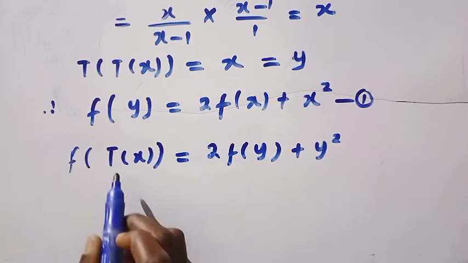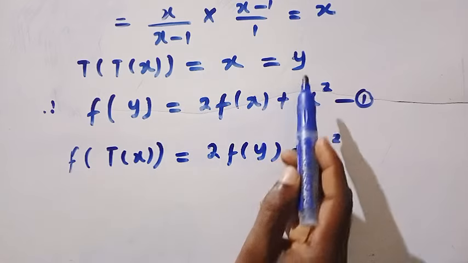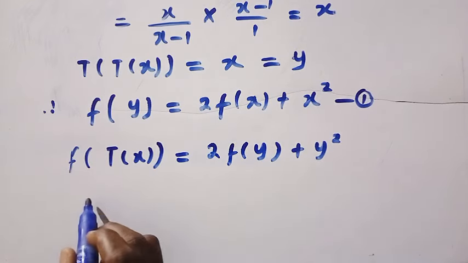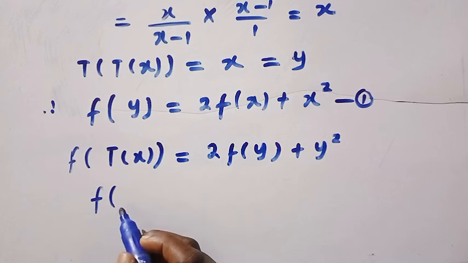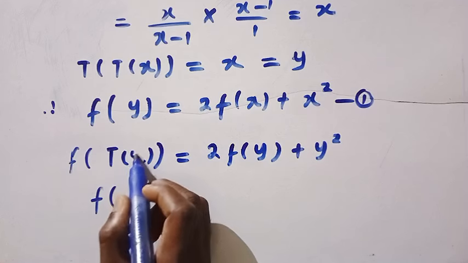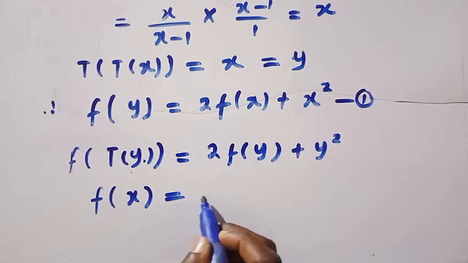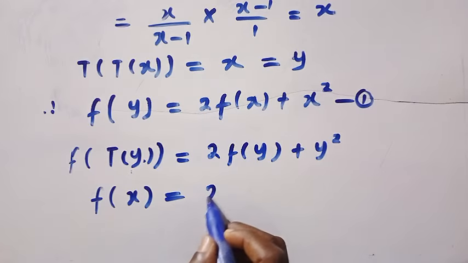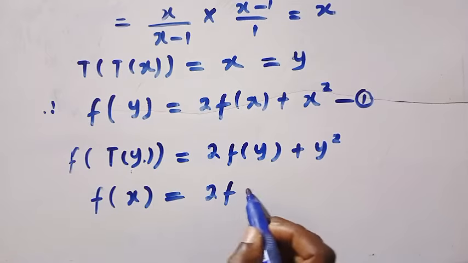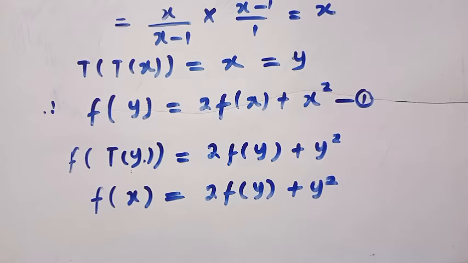And we know that t of x here is given as y. Then we are going to have this as t of y rather, so we have f of x equals 2 multiplied by f of y, then plus y squared.